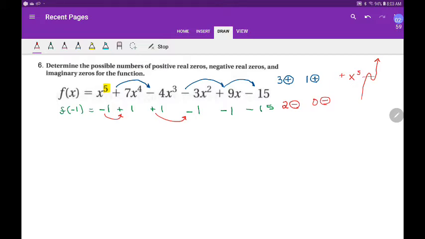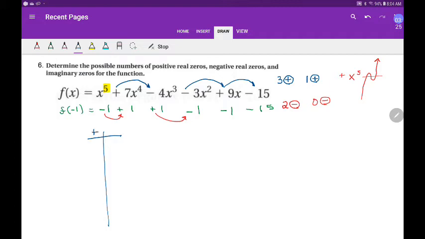if it's 3 positive, it could all be 3 positive. But of course, there could be negative. So maybe I should have put an extra wiggle in there, because it's possible this thing crosses the x-axis 5 places. It could be 3 positive and 2 negative. Anyway, so let's think about the possibilities here. And of course, I'm going to put a picture up of the graph afterwards to see what actually happens here.